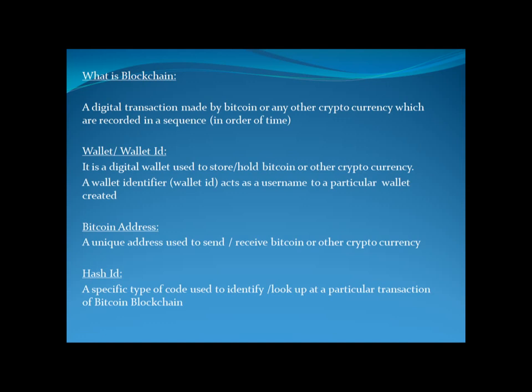The same way, a hash ID is allocated to a particular transaction to look it up on the Bitcoin blockchain. I'll try to show you where we can find the hash ID and how to identify the hash ID for a particular transaction. Okay, let's move forward.